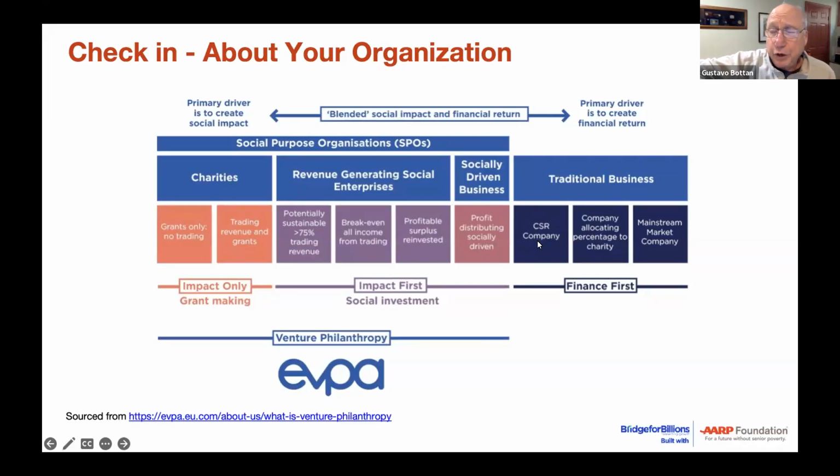And some have incorporated social impact aspects into their business, in which the primary return is the financial aspect of a traditional business, but they do more meaningful things, not just window dressing, so to speak. So finance is first for the traditional businesses, impact only through grants for the charities, and impact first for social investment, okay?